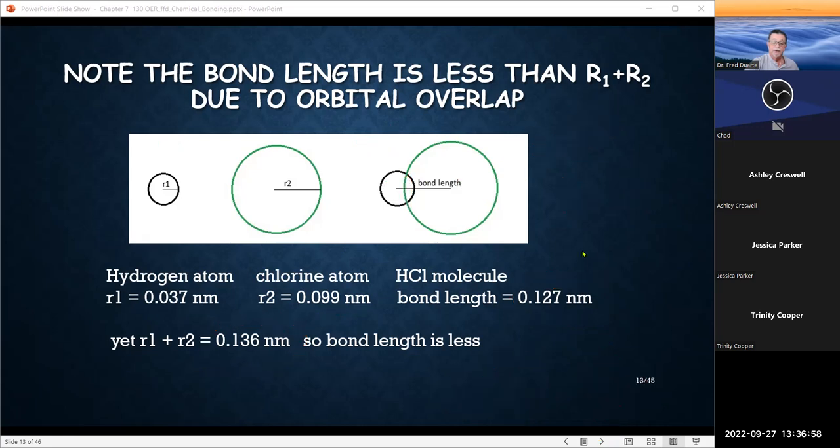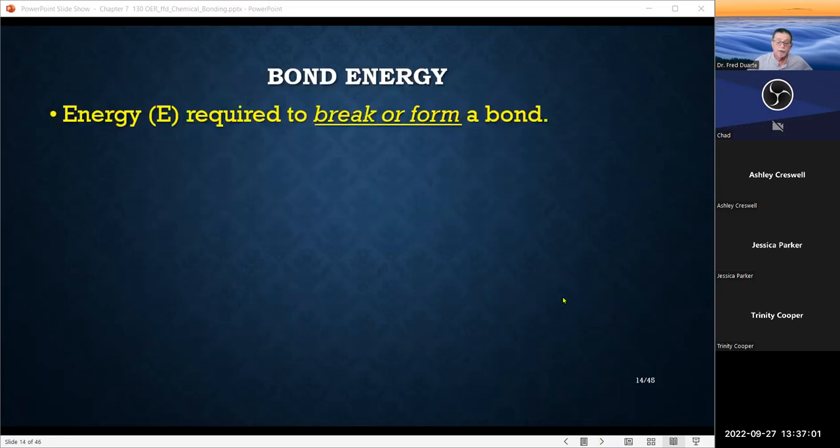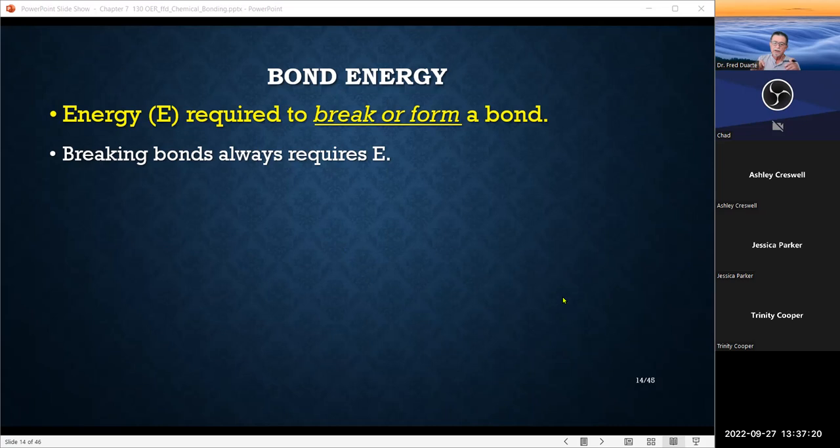All right. So quickly about bond energy. Energy is required whenever we need to break or form a bond, okay? And anytime we need to break a bond, it always requires energy. You're breaking a bond, so it's going to require energy to break that thing apart.